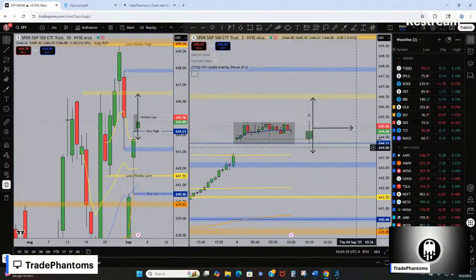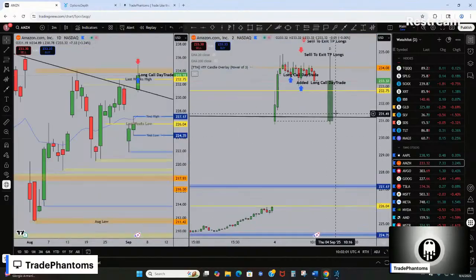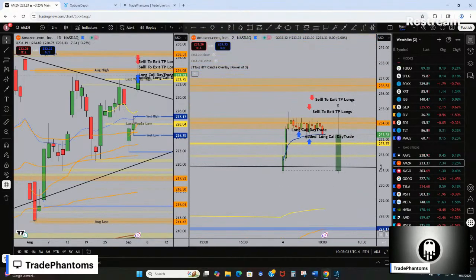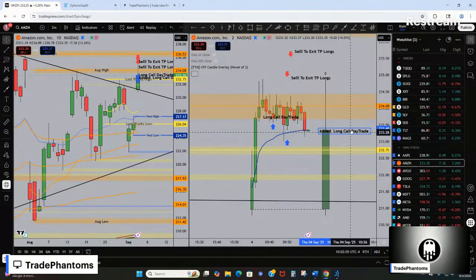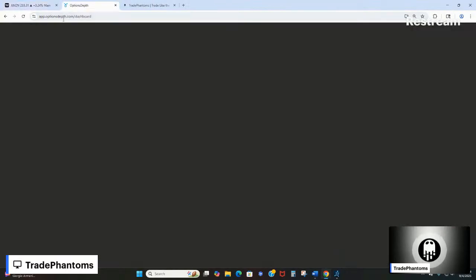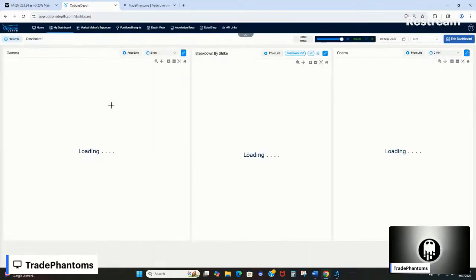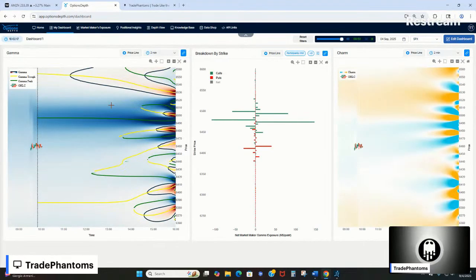Amazon VWAP test. You try to trade the whole session every day or end early after a green day?